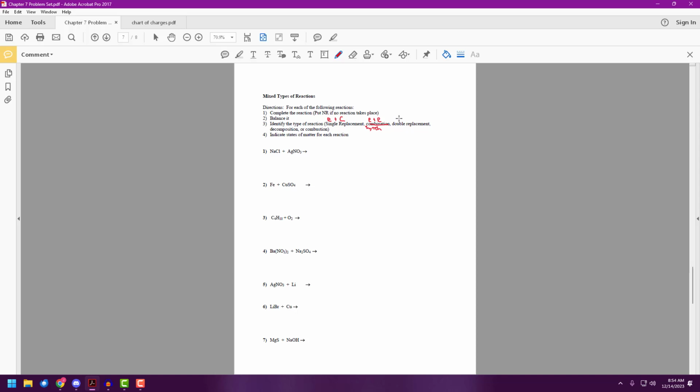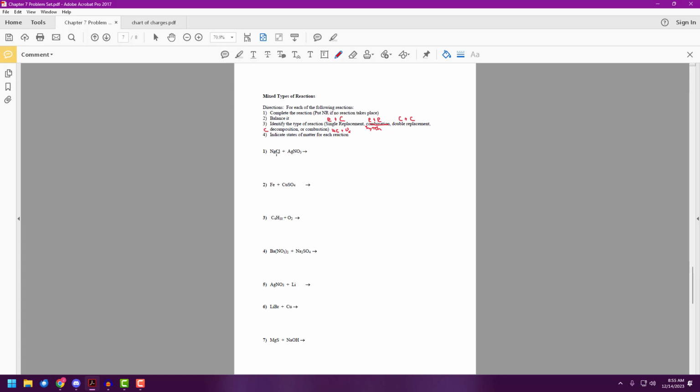Double replacement is compound plus compound. Decomposition is just a single compound, and combustion is a hydrocarbon plus oxygen. So based off of these patterns, we can figure out what reaction type it is.